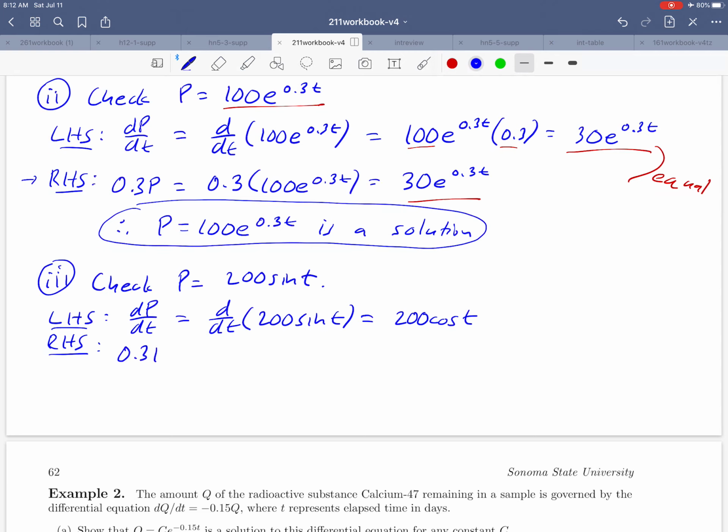And on the right, 0.3p, that's what the right-hand side of our differential equation looked like. We're going to be taking 0.3 and multiplying it by p, which is 200 sine of t. And 0.3 times 200 is 60. And what do you think? Did we get the same thing on the left and the right? This time we didn't. These are not equal. And that confirms that 200 sine t is not a solution.